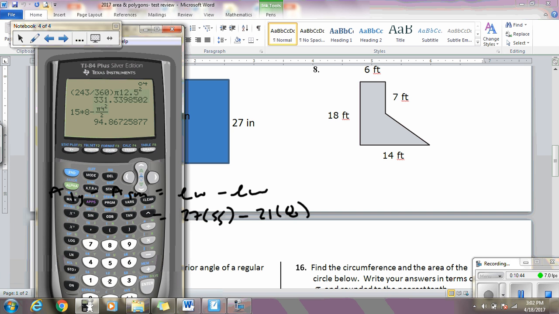So 27 times 55 minus 21 times 8. So 1,317 inches squared.